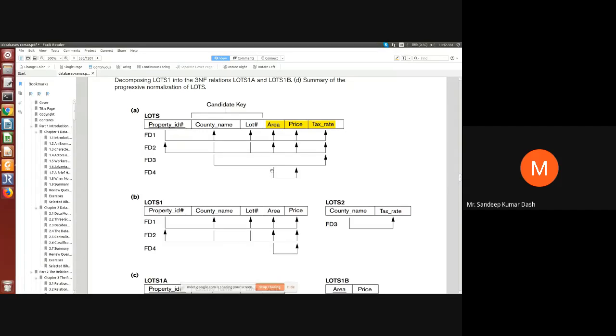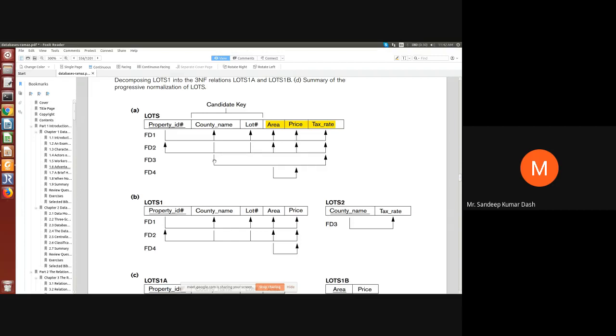So that's why when you normalize this relation into 2NF, it will be like this. FD1 was okay. Area, price, tax rate, county name, property ID, all were fine. So this was kept. You have removed tax rate because tax rate was partial functional dependent on county name.